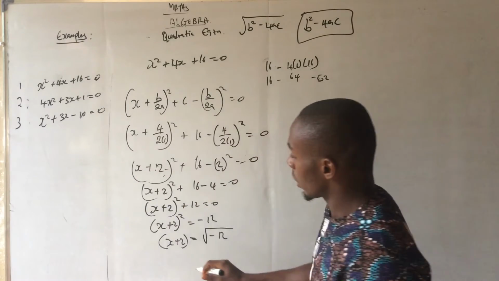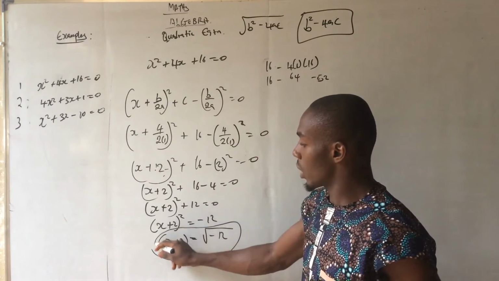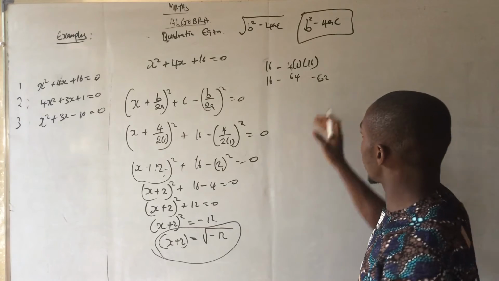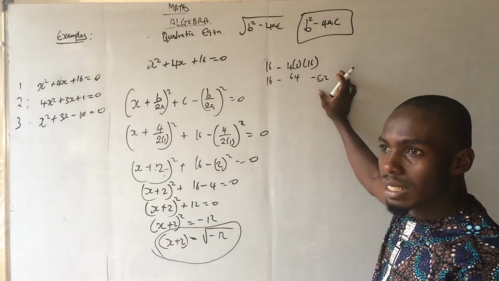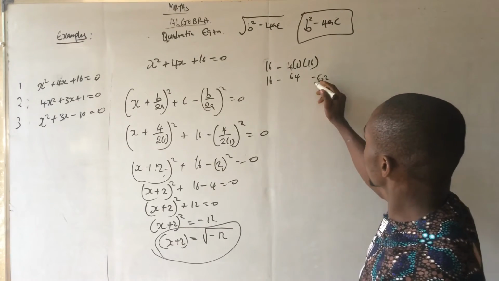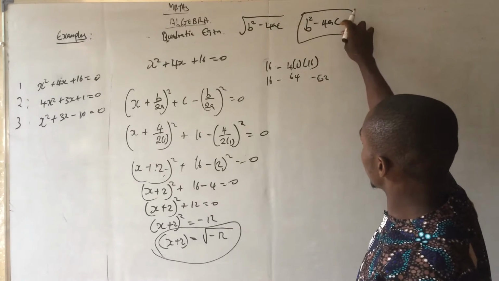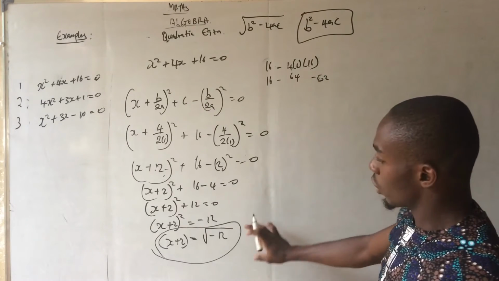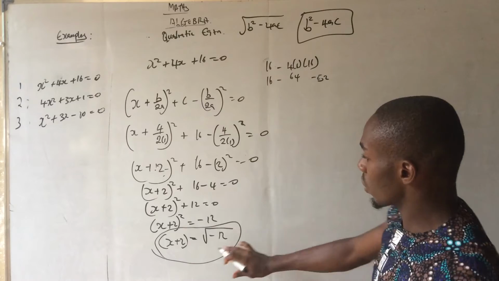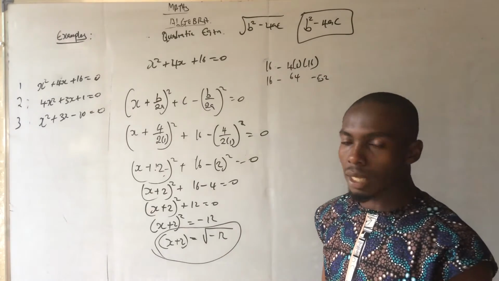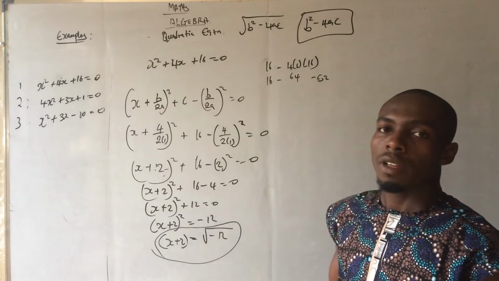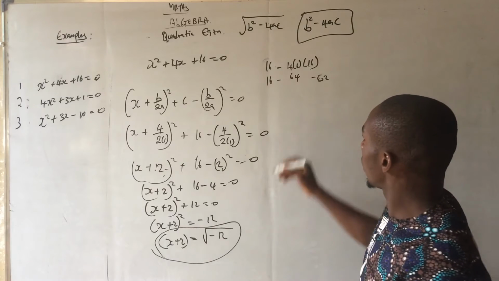The reason why I solved this up to this very moment is to show you that when the discriminant is less than 0, the solution does not exist, because on a real line, you cannot get the square root of a negative number.